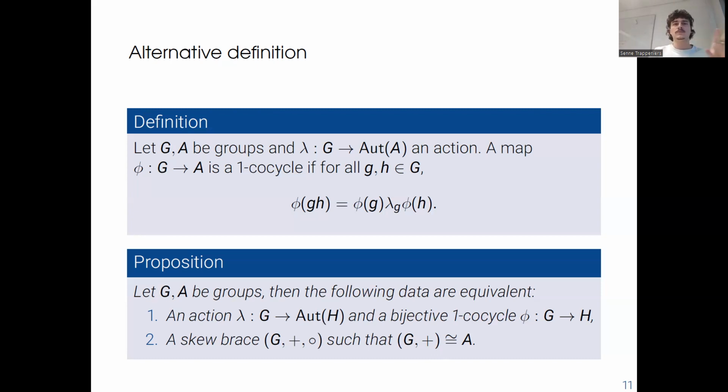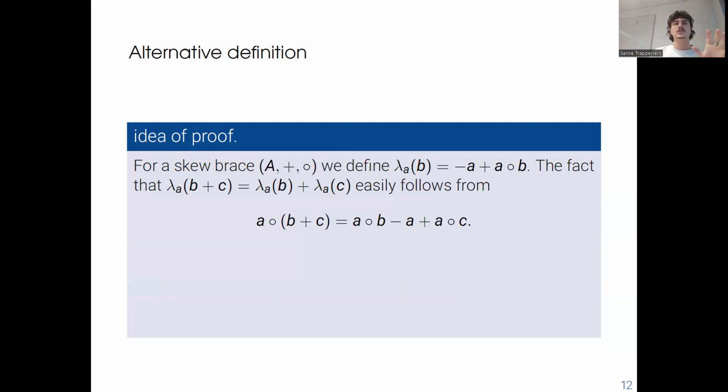Now, how do we go from one to the other? Just a quick sketch of what's happening here. If we start with a skew brace (A, +, circle), we can define lambda a of b as minus a plus a circle b. So in some sense, this lambda measures the difference between the two operations, because we first multiply by a in one group and then subtract a, so working in the other group.